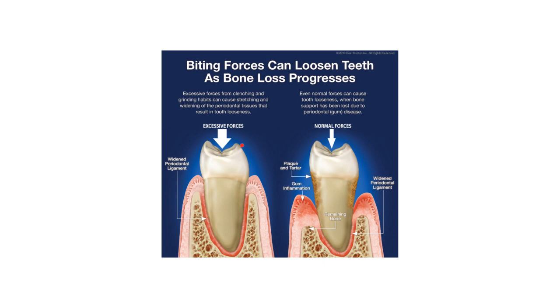For example, in this case, we have a totally healthy periodontium, but we have an excessive force beyond the limit of the tooth and the periodontium. So this may cause the periodontal complaint, which is indicated in loosening of the tooth inside the socket.